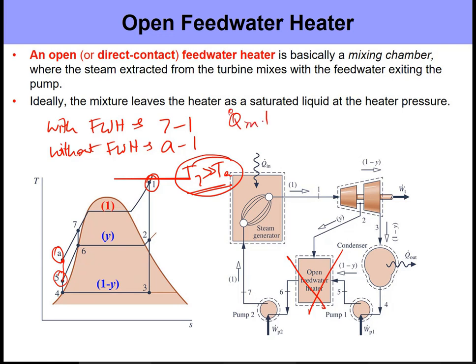First of all, we are reducing the heat input that's needed, but more importantly, we are able to increase the average temperature of heat addition, simply because T7 is greater than TA. So from 7 to 1, the average is going to be higher than the average from A to 1. As we are increasing TH, the efficiency goes up. And that's all we want to achieve from here.